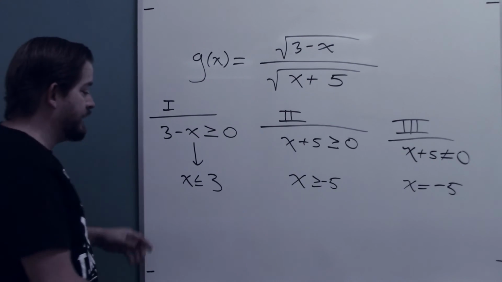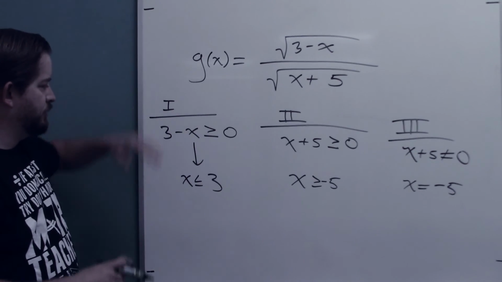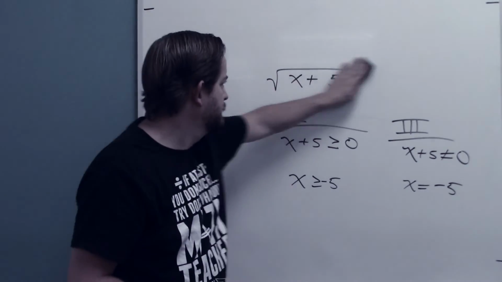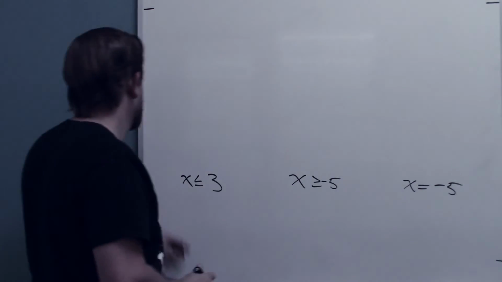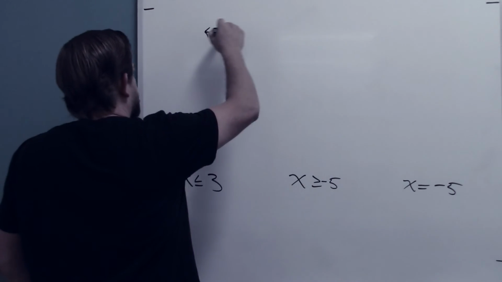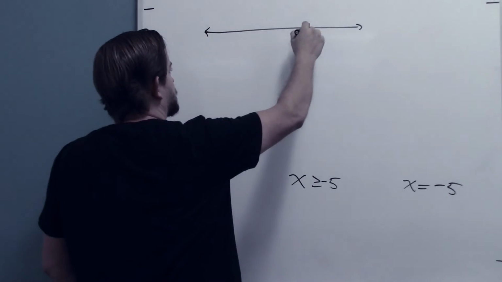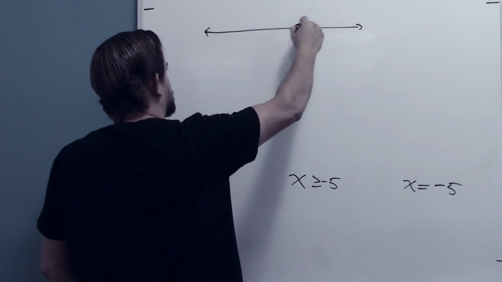If I look at all 3 of these, I'm going to erase what's above for a moment so that I can draw this. The first one, x is less than or equal to 3. There's 3, solid dot, shaded to the left.